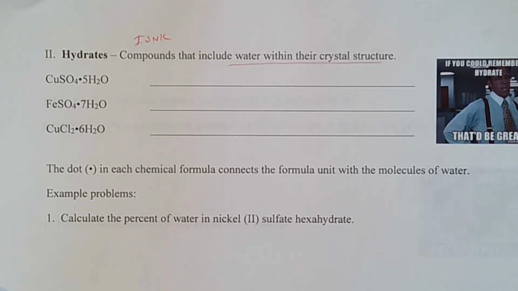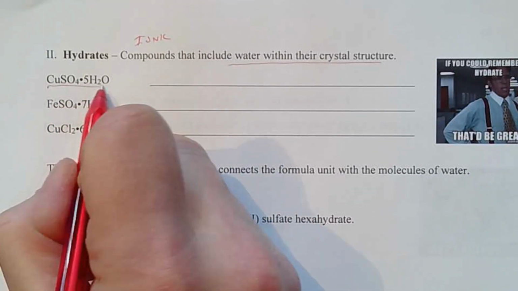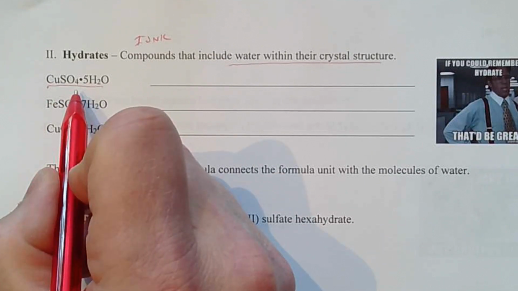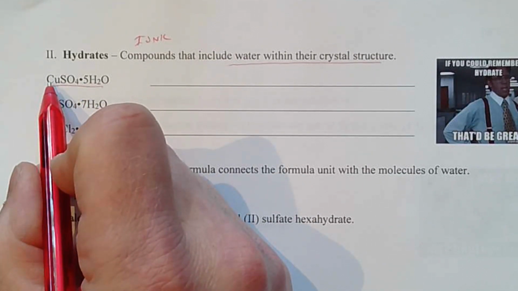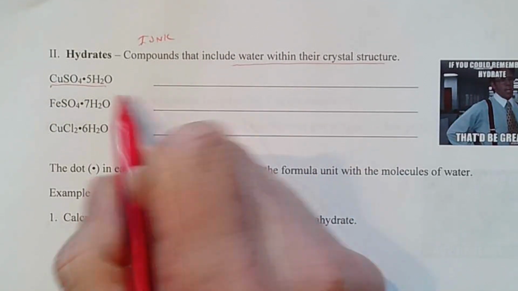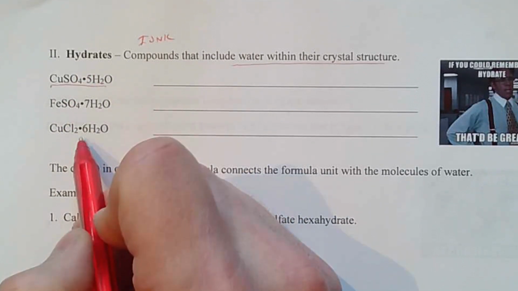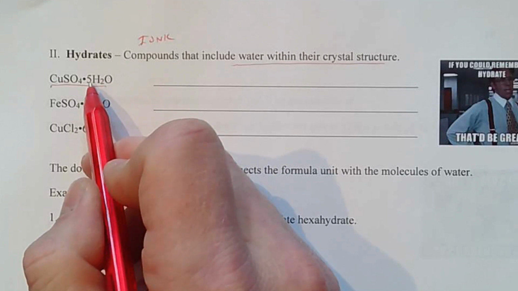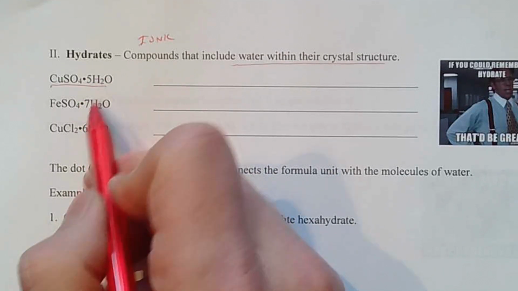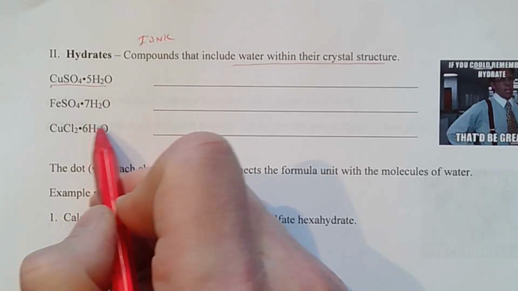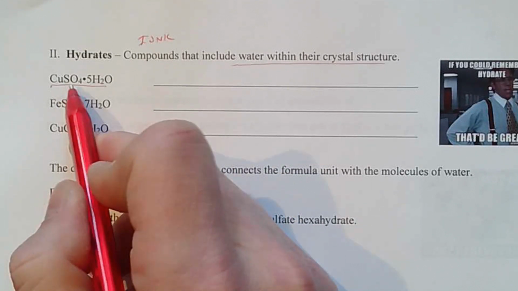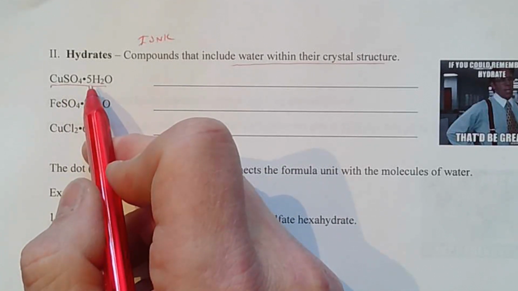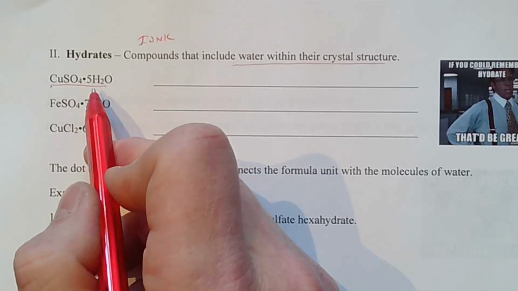If you see a hydrate, this would be its formula, and we want to be able to name these. Hydrates are ionic compounds, so this part is ionic. And then you notice this dot, and then so many waters, this is the hydrate part. These things will form a crystal structure, including water in it.